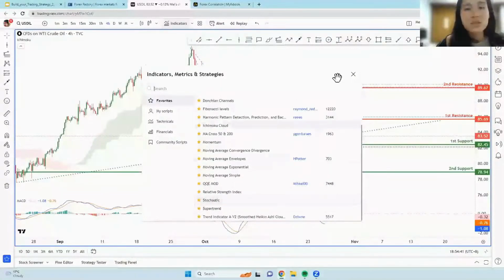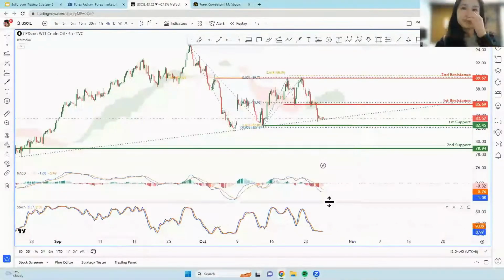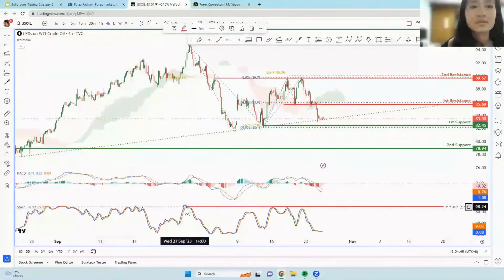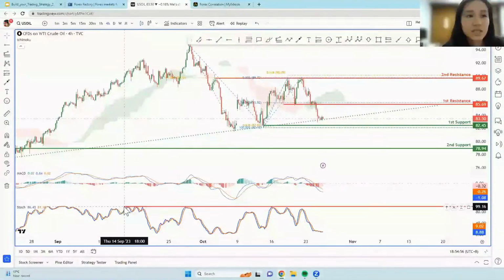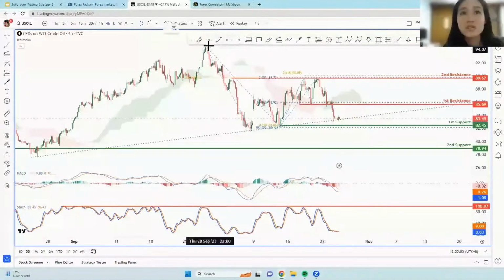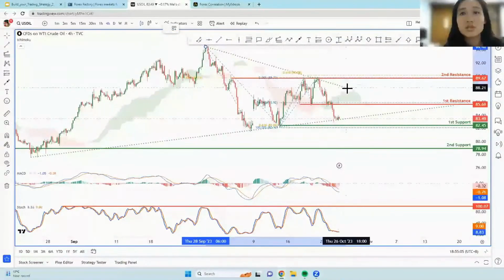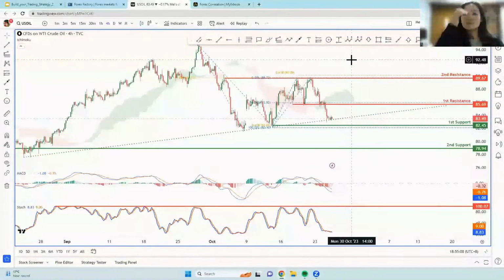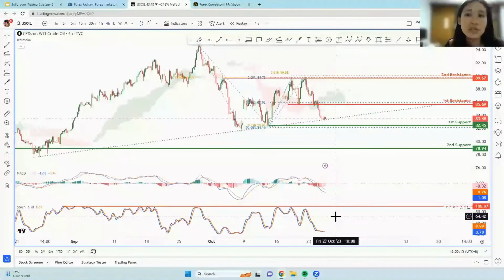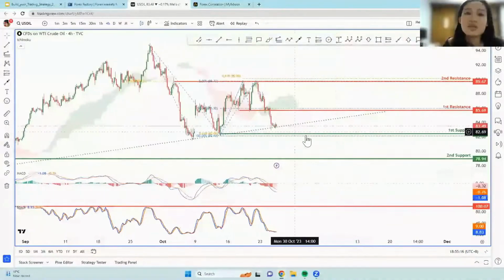Let's look at stochastic. Okay, on stochastic, you guys can see this hidden resistance that we talked about earlier. And we see that price has made a lower low here. So this means that we can expect price to continue to drop.